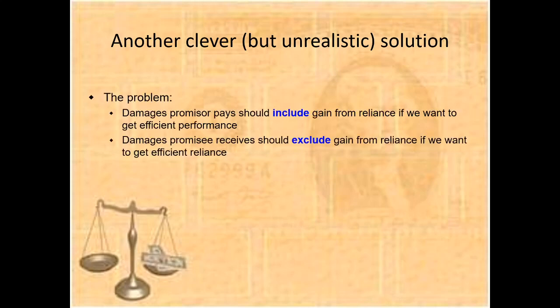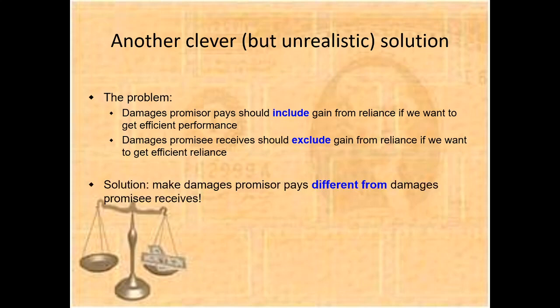So another clever but unrealistic solution: the damages the promisor pays should include gain from reliance if you want efficient performance. That is, the damages the promisee receives should exclude gain from reliance if we want efficient reliance. So this is a very interesting way of understanding.